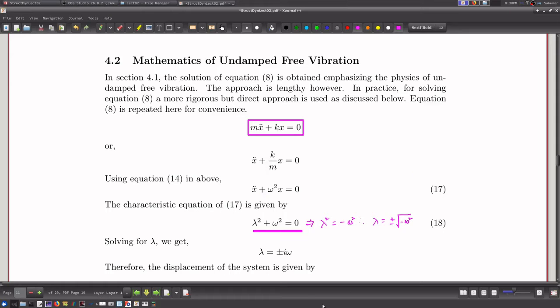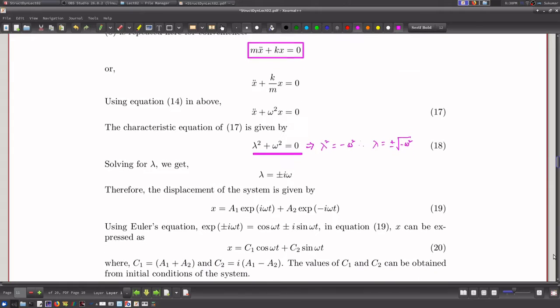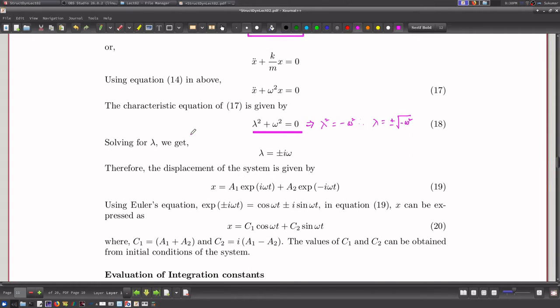and once I have these characteristic roots, I can write down the solution of my equation in terms of exponential functions. So this is basically x is a1 into e to the power plus I omega t, the first root lambda, plus a2 e to the power minus I omega t, right?